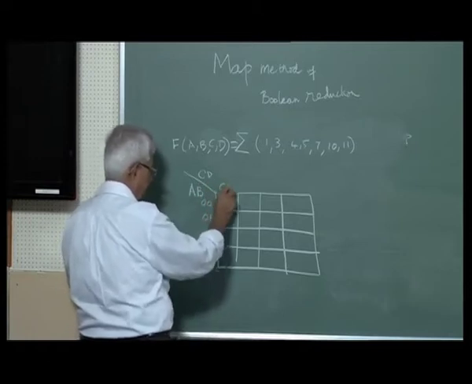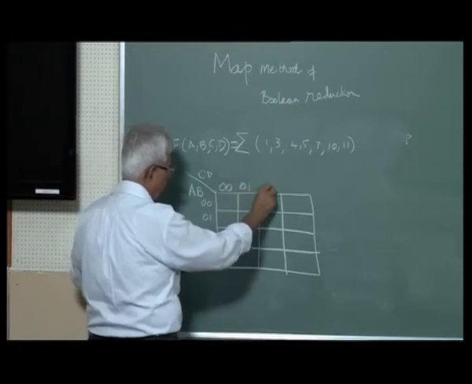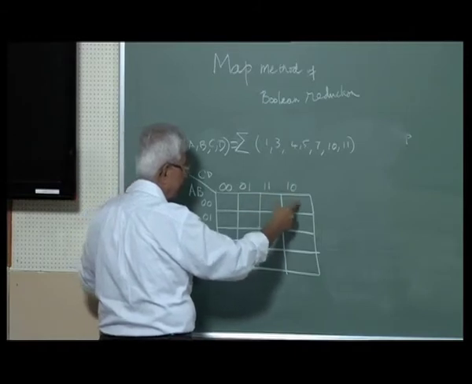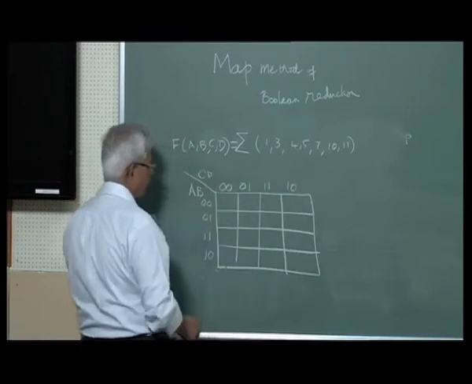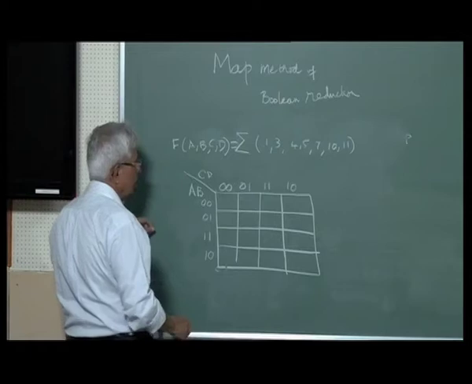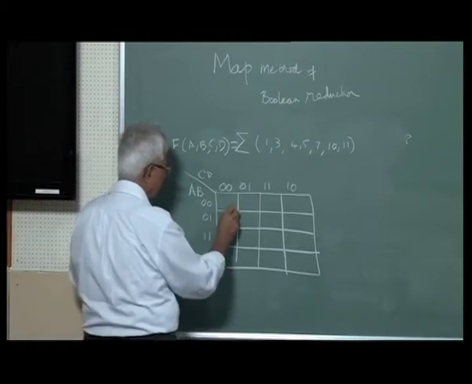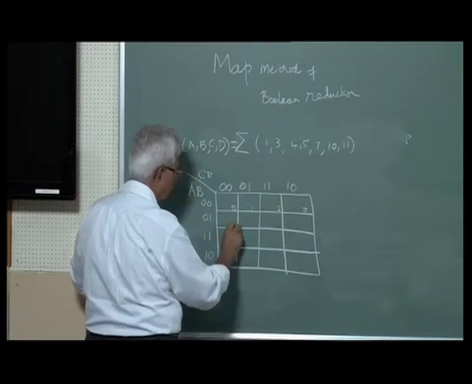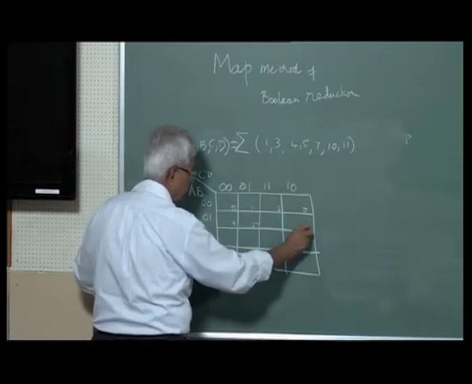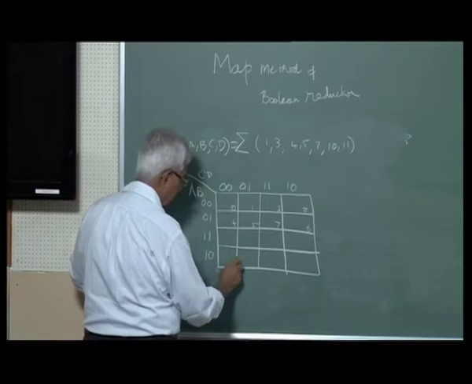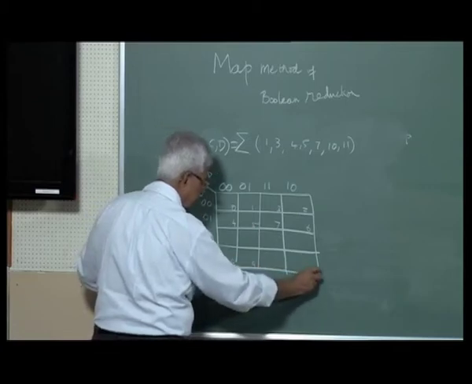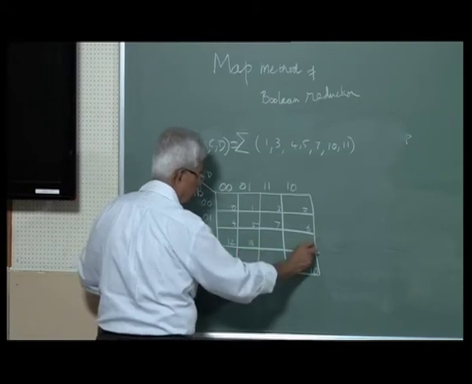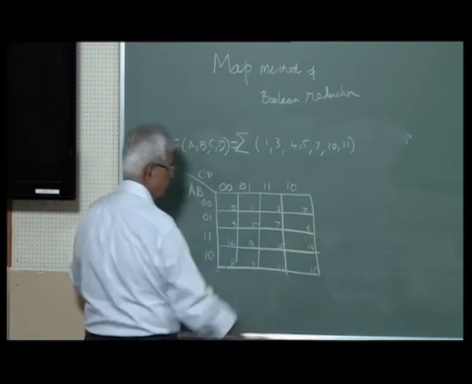Similarly, this is 0 0, 0 1, 1 1, 1 0. This is adjacent to this, adjacent to this, adjacent to this. Now, this is 0, 1, 2, 3, 4, 5, 6, 7, 8, 9, 10, 11, 12, 13, 14, 15.